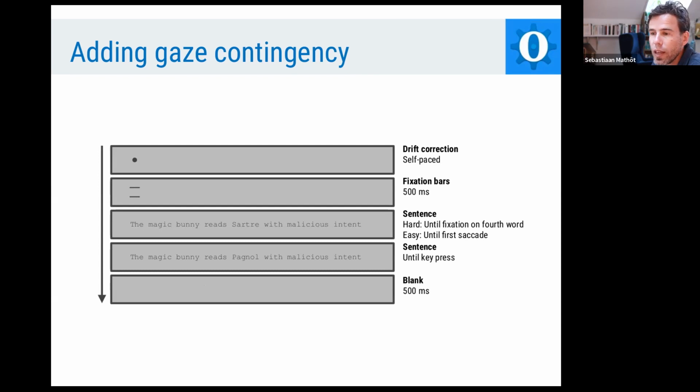Now the question is, what is the waiting? In the easy condition, when you just wait until the first saccade, the waiting would be a PyGaze wait item that is just built into OpenSesame.